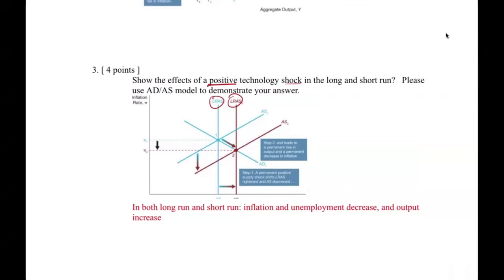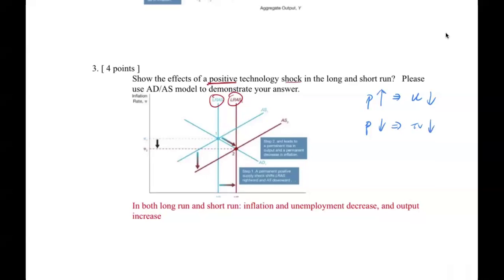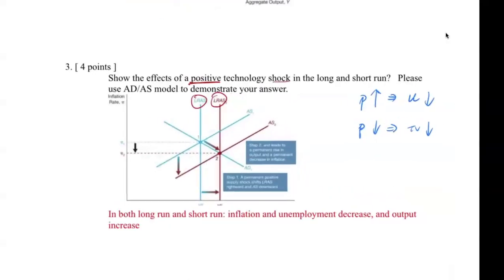And what would happen? It will cause the output to increase, right? And the price decreases, which means the unemployment decreases, which means inflation decreases. Okay, both in the short run and the long run. If you can state all the things, of course you will get the high grade.